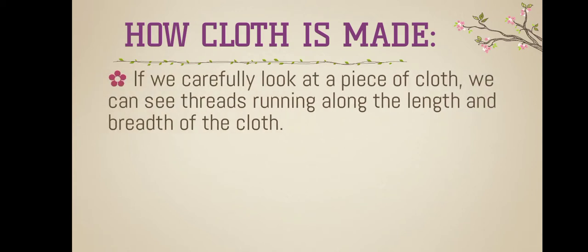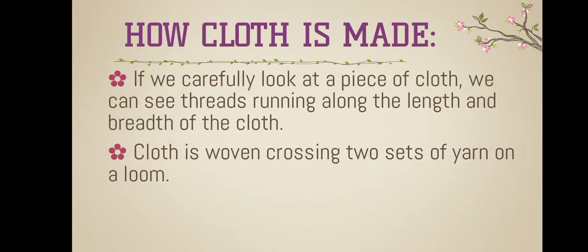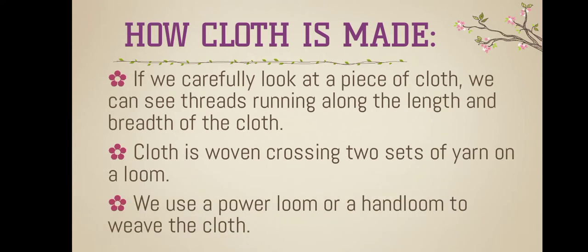If we carefully look at a piece of cloth, we can see threads running along the length and breadth of the cloth. Cloth is woven crossing two sets of yarn on a loom. We use a power loom or a hand loom to weave the cloth.